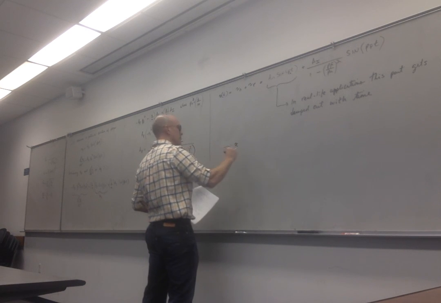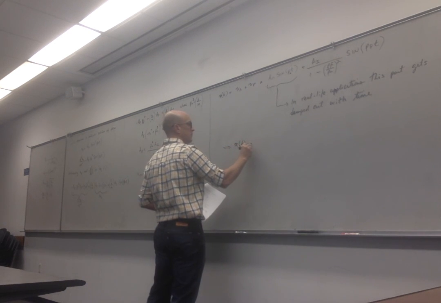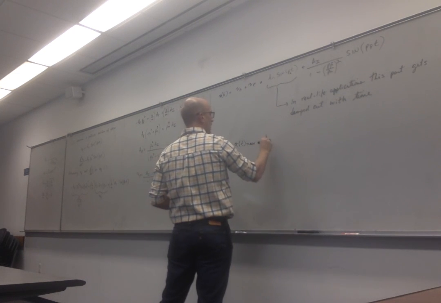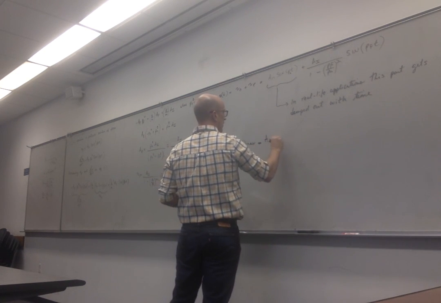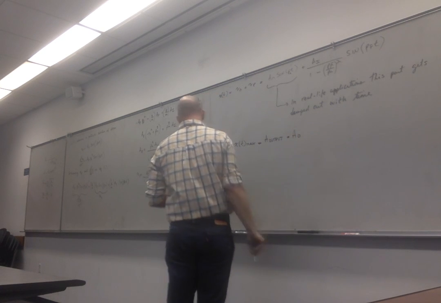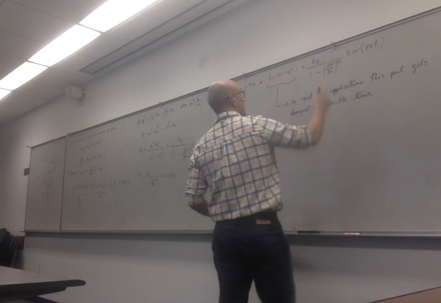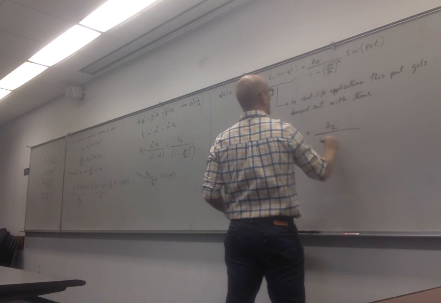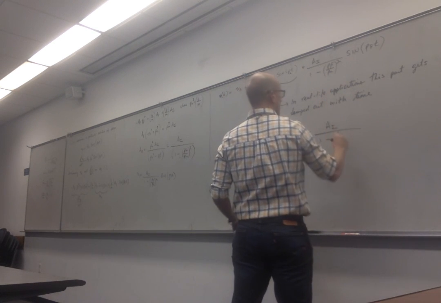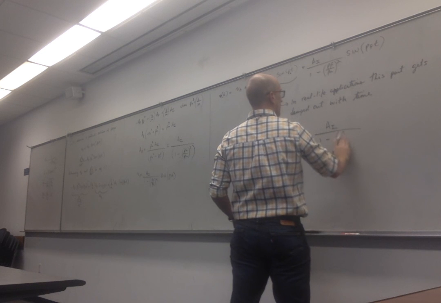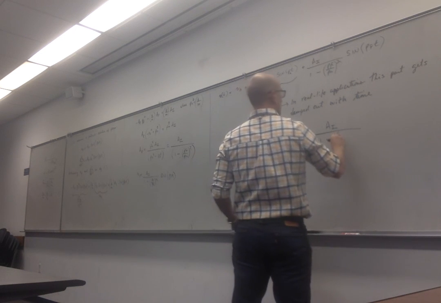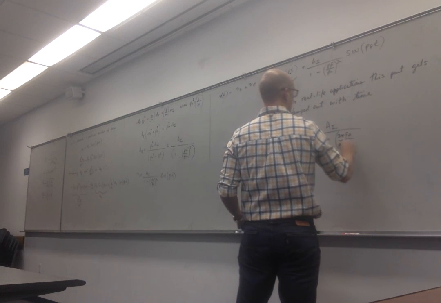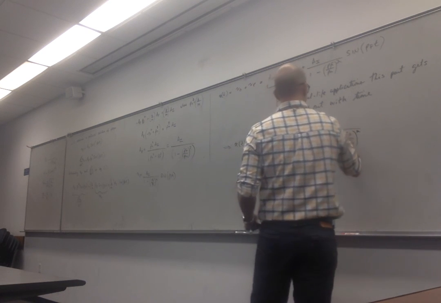I'm going to write this as the last thing here. The maximum value for the displacement is what's called our output, as we defined it before, A sub o. And that's going to be equal to A sub i over 1 minus this guy here: 2 pi force frequency over 2 pi natural frequency, squared.